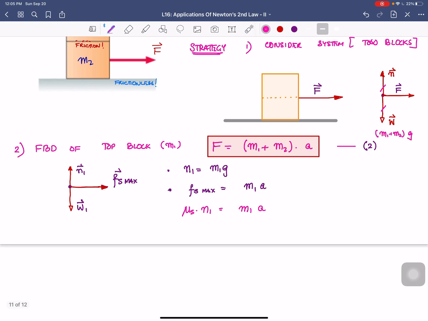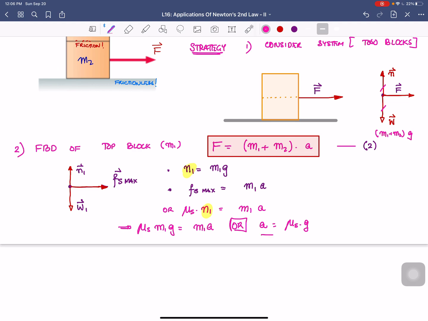From the previous equation, we can plug in N1 and we get mu sub S times M1G equals M1A, or the acceleration is mu sub S times G.